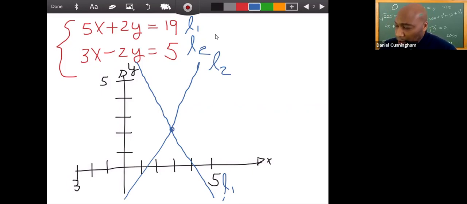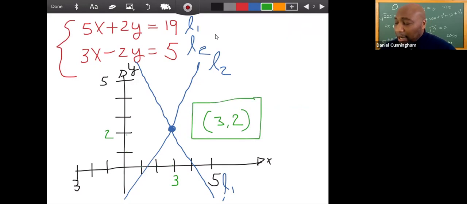And so for this one, it intersects right here. And so we need to see, what is that point? If you look at this graph, it looks like it's about here, 3 and 2. And so my answer would be (3, 2). And in this case, this is my answer.